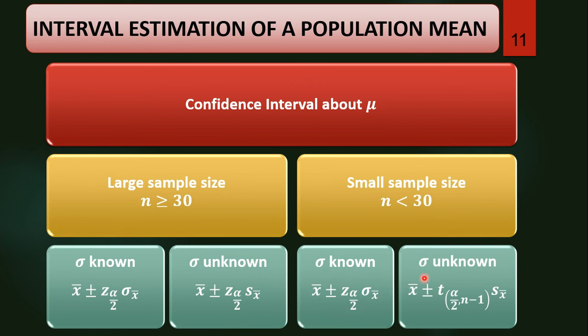But if sigma is not given, you need to find S, the standard deviation of a sample, and the formula used will be this one. We cannot use the Z distribution; now we need to use the T distribution. For the T distribution, you need your significance level, and another one, you need to consider your sample size minus 1. We call it the degrees of freedom.